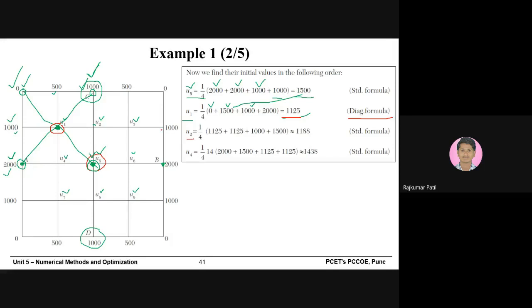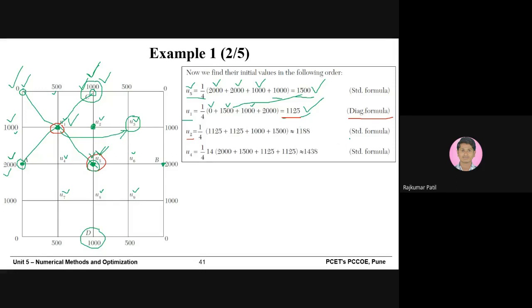Then we will go to u2. Again, when you check the neighbors of u2, you can easily say that all values are given. u5 you just estimated, u1 you just estimated here as 1125, 1000 is there, and u3 is unknown, but we know that u1 and u3 are the same because of symmetry.